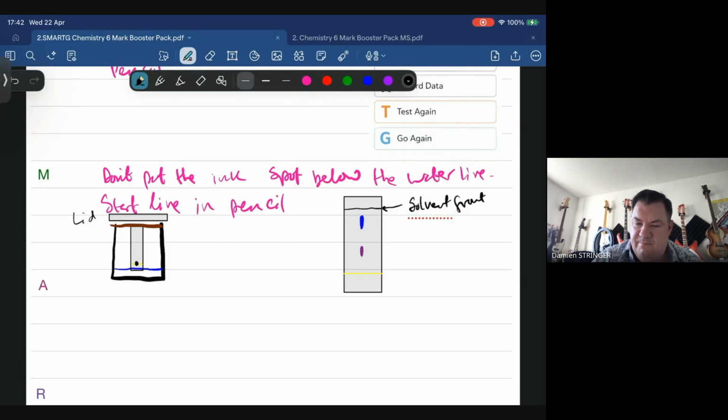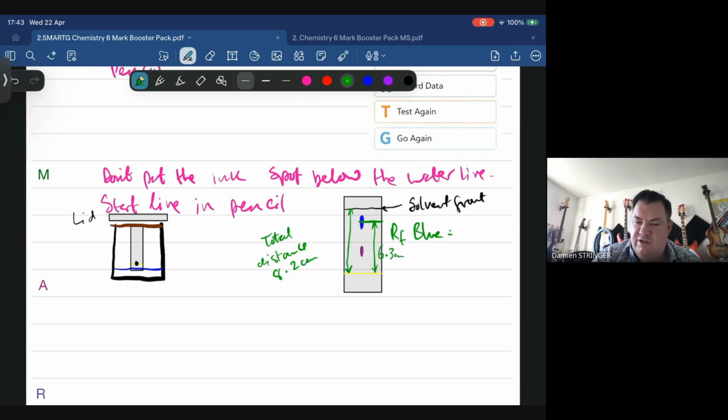You mark on the solvent front, and then you have to measure the distance the solvent actually moved. So that's the total distance. For example, it might be 8.2 centimetres. Then you go to the centre of your smudge to work out the RF value. So RF of blue, say that was 6.3 centimetres.